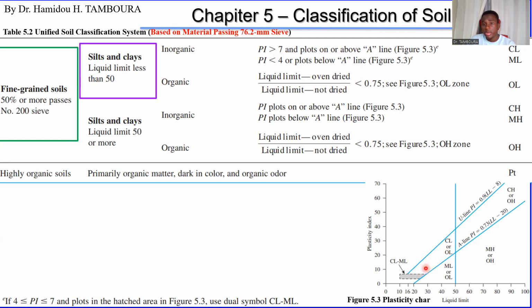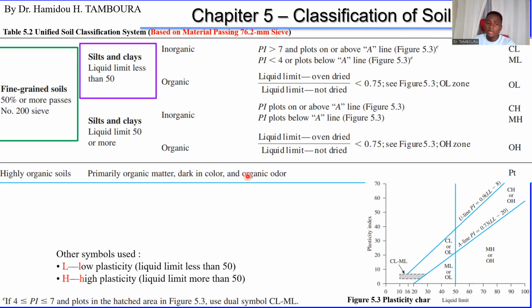Okay? In that case, what you have is CL. C is for clay. L here is for low plasticity. It means clay with low plasticity.